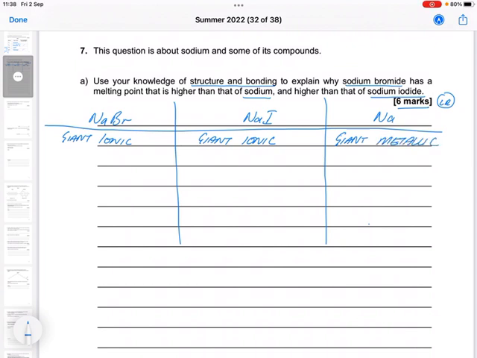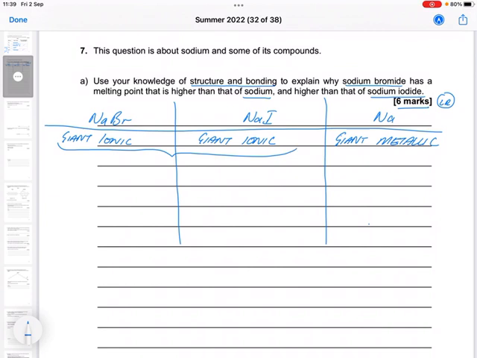Okay, next thing, I need to explain the forces of attraction before then comparing the strengths of them. So I'm going to just go through each of these. So for sodium bromide, they're both giant ionic, so I'm going to do these two together.